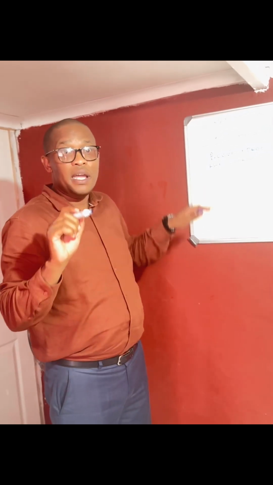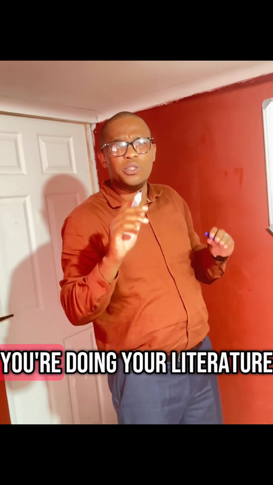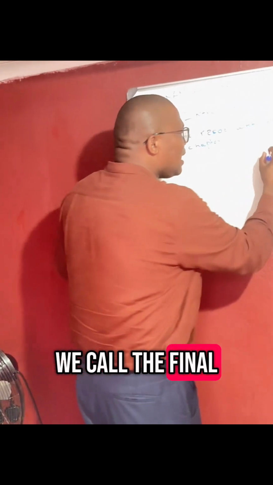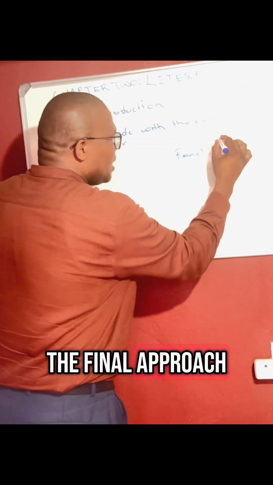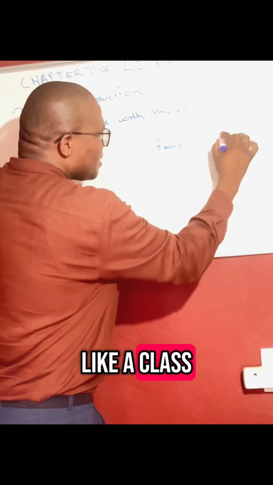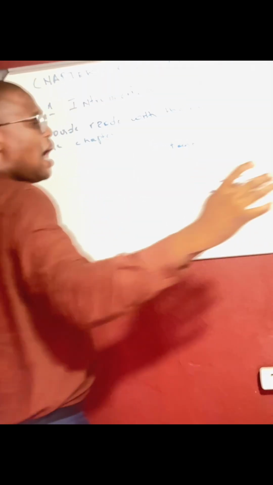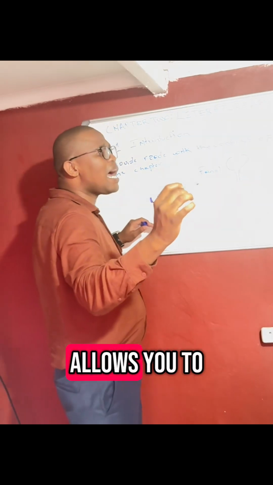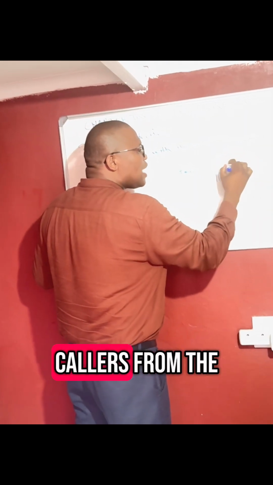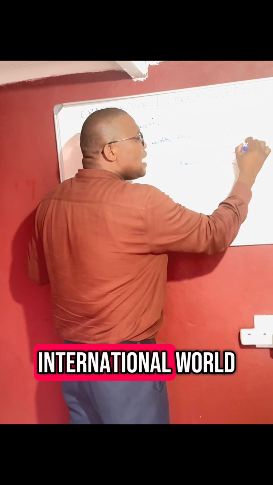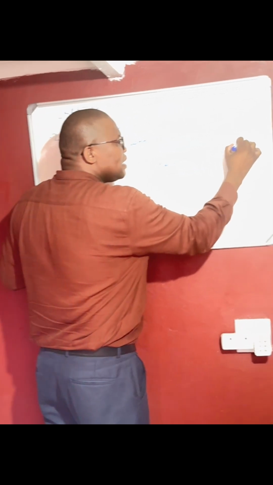Secondly, it is very important when you are doing your literature review to use what we call the funnel approach. The funnel approach is something like a glass, like a wine glass. Why is it important? Because it allows you to bring the views of other scholars from the international world.